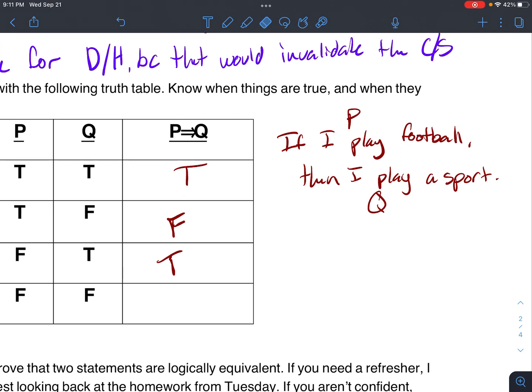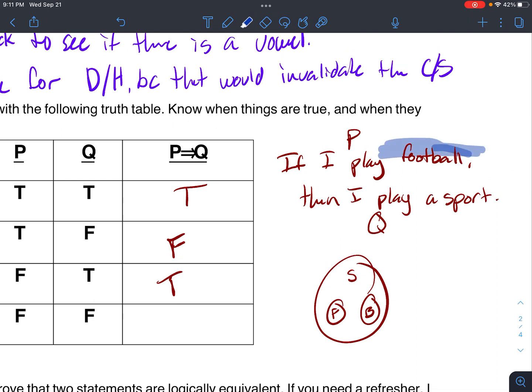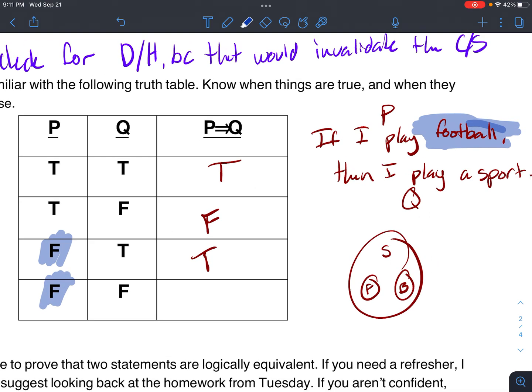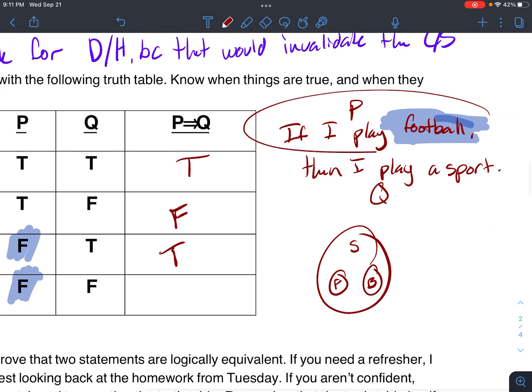The other way you can think of this is that our original statement is talking about football, okay? Over here I'm not talking about football. I'm talking about a different sport, the negation of football, like not F or not P for not football.